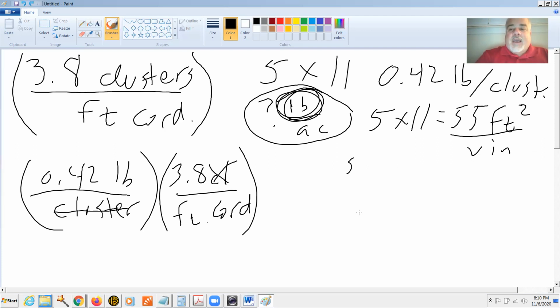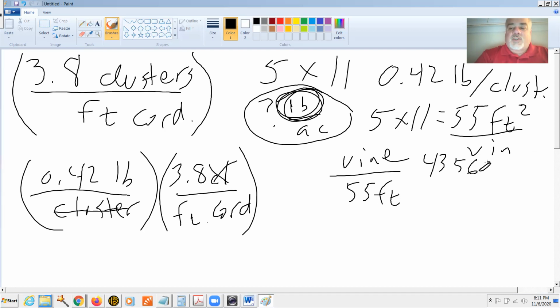I know each vine is 55 square feet in the field, and I know that there is 43,560 square feet per acre.